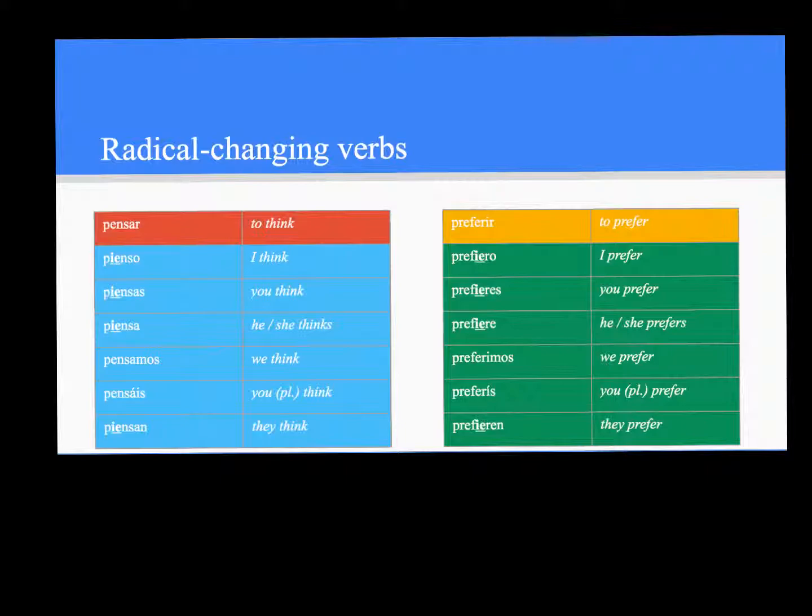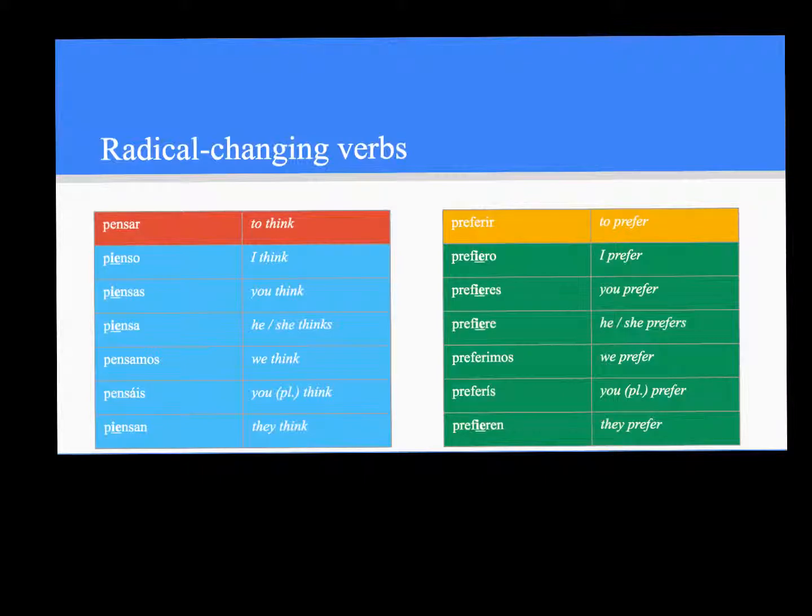If we look closely at these two verbs, pensar and preferir, particularly focusing on their endings, o, as, a, amos, áis, an, and for an IR verb, preferir, o, es, e, imos, ís, en, we'll notice that these are completely regular.